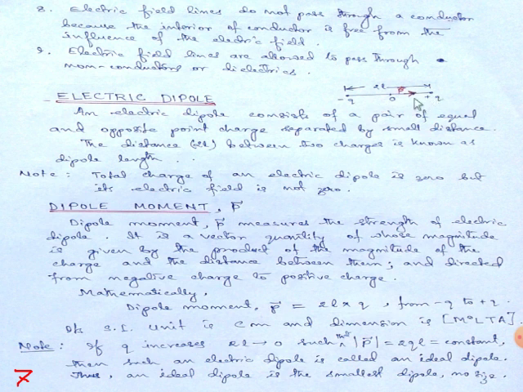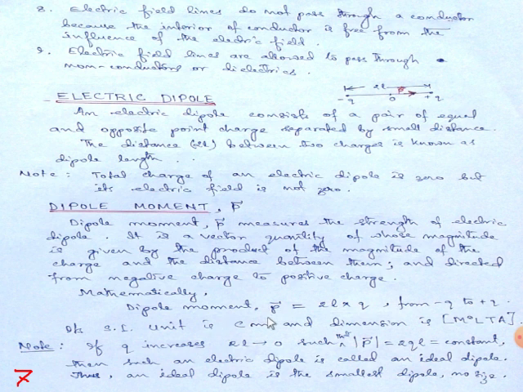That is what I am writing here, the small p vector. So your p vector will be directed from where to where? From minus Q to plus Q. That is what I have drawn here. So this is the direction of the dipole moment.